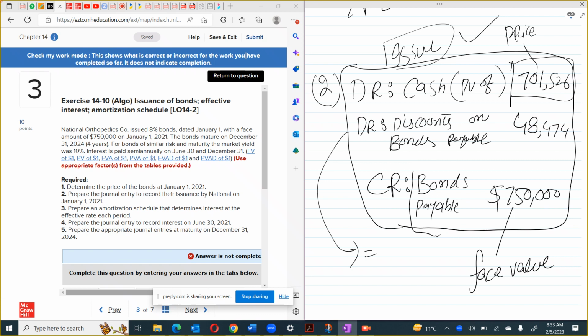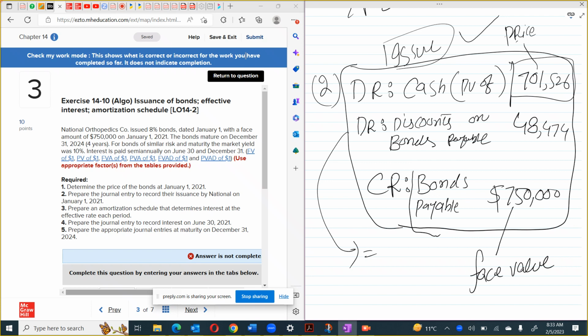For interest, you need the present value of an ordinary annuity. Remember, it's not a delayed annuity or an advanced annuity. So present value of an ordinary annuity plus present value of principal.